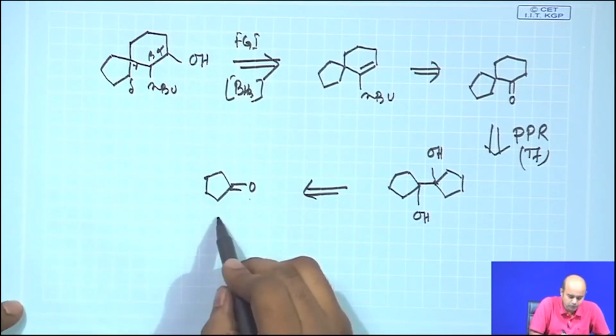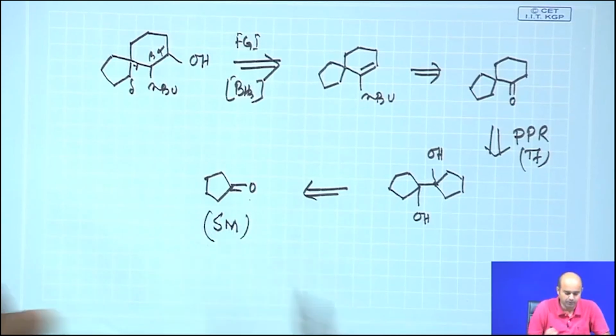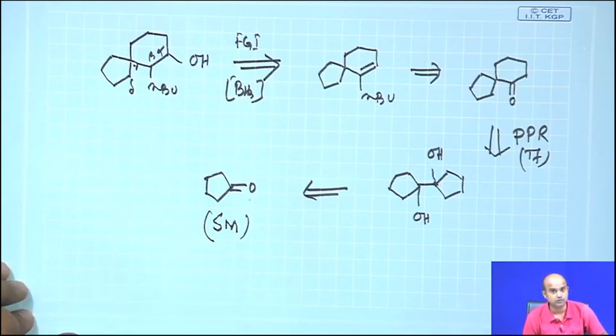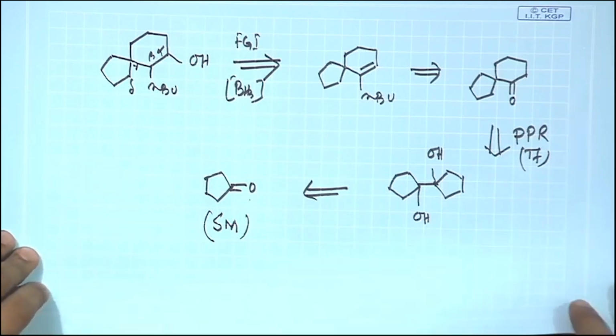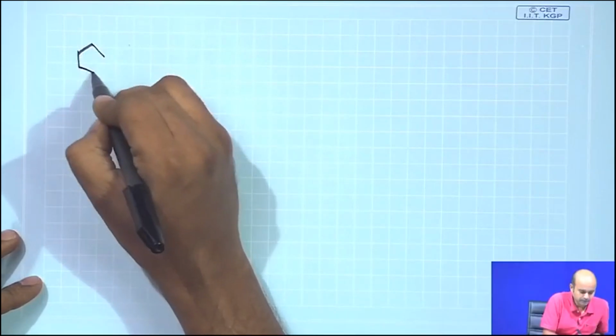So, we are now trying to come back to the original starting material, which is cyclopentanone. It was very cheap. The cyclopentanone starting material was not given to you, but the point is, until and unless you know the Barton nitrite ester photolysis, the whole pathway is impossible for you to design. Okay. So, next we will go back to the forward pathway.